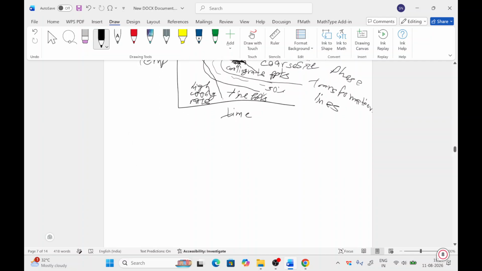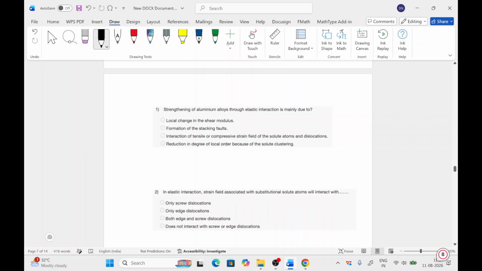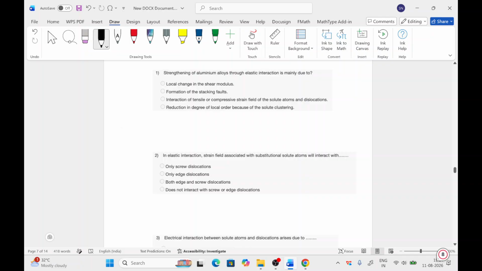Okay, so these are the questions. We will discuss the assignment questions also. First question is, strengthening of aluminum alloys through elastic interaction is mainly due to. In elastic interaction, the solute atoms interact with the compressive and tensile stress field around the dislocation.